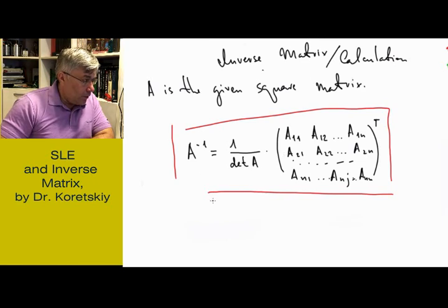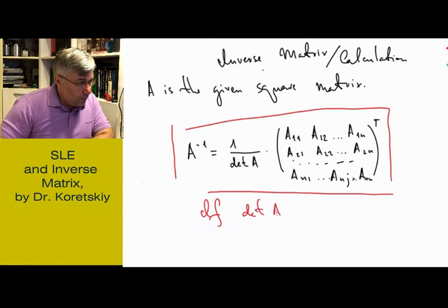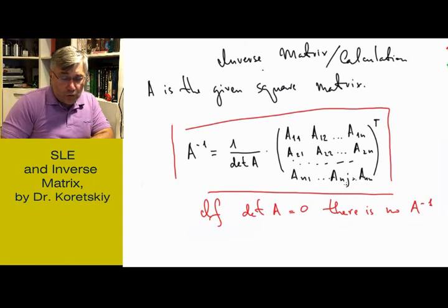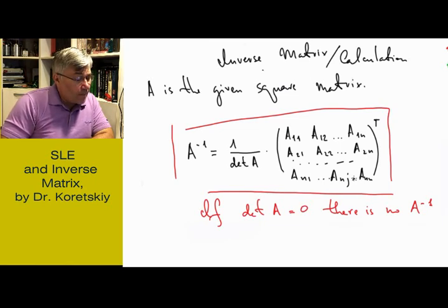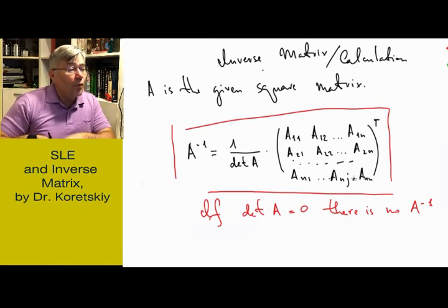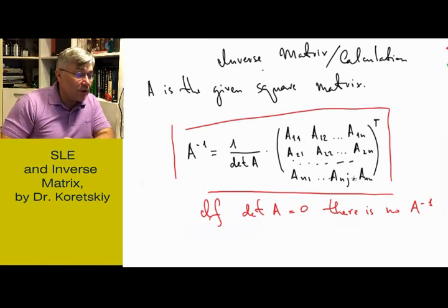If you remember, when we calculated roots of the system of linear equations, we stated that if determinant of the matrix, which consists of the coefficients of the system of linear equations, equals 0, we say that this matrix is a singular matrix and there is no root.